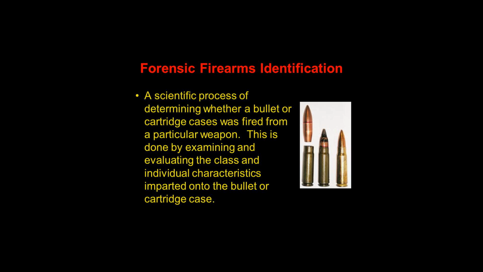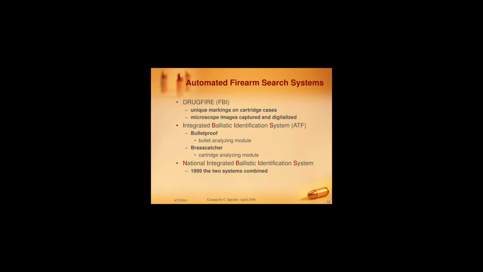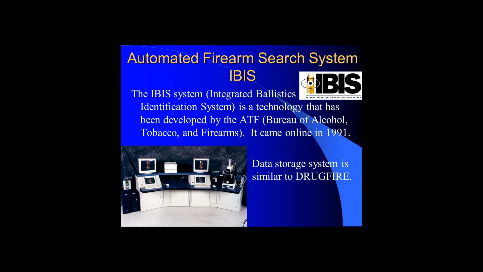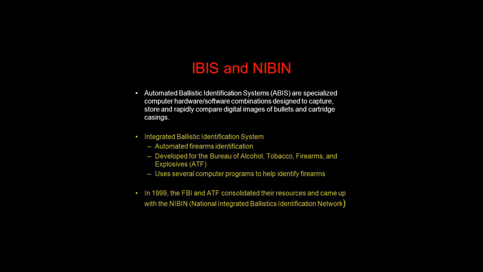Also in 1993, the Bureau of Alcohol, Tobacco and Firearms established its own automated ballistics identification system. Instead of having a custom-made system like the FBI, however, ATF opted to build their network on a platform developed by Forensic Technology Inc., a private Canadian company. At the time, the FTI platform was named Bulletproof and imaged only bullets.